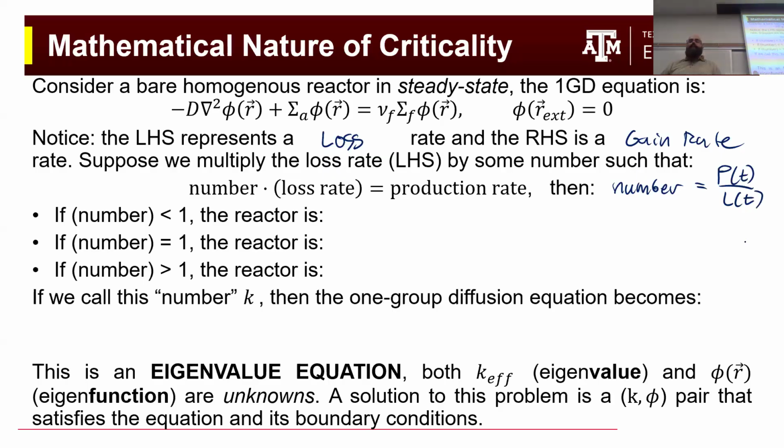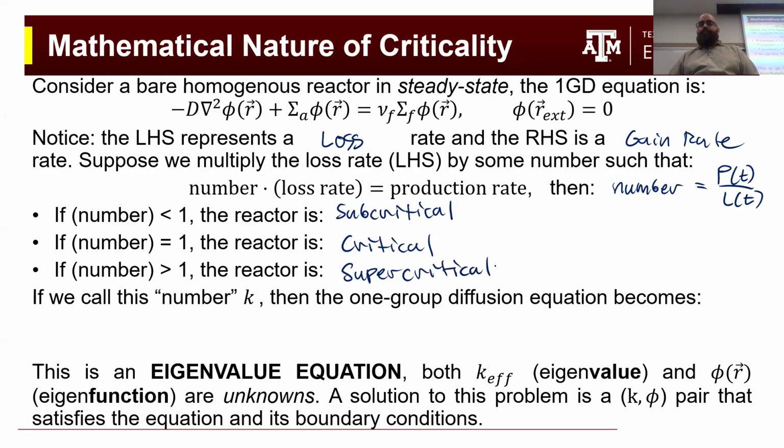If that number is less than 1, then the reactor is subcritical, meaning my losses are greater than my production. If they're equal, then my reactor is critical and my production and loss are in perfect balance. If that number is greater than 1, my production is greater than my losses, and we call that supercritical. That number we know as the multiplication factor K.